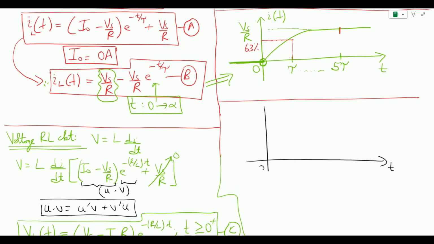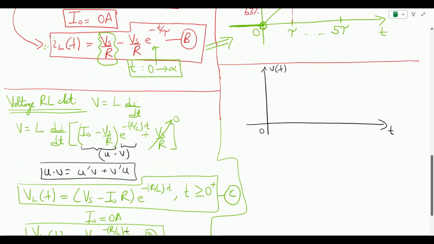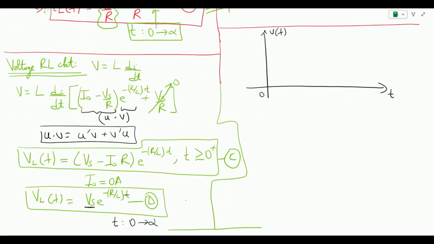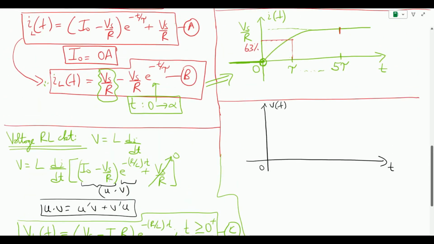So this is the time axis and this is the voltage that we want to know appearing across the inductor. When time equals 0, the only thing left will be Vs, and when we put time equal to infinity, we get a value of 0. So we can see that when the time was less than 0, there is nothing over here, and as soon as we reach time equal to 0, we see a sudden jump towards a maximum value.